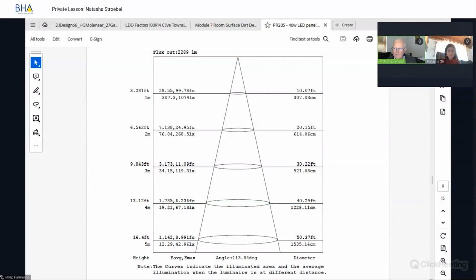And that's why the cone. So at the bottom of the cone, it lights a bigger area, but it's got less light. So just think about it with a torch. If you shine a torch, you'll see as far as the beam will go.